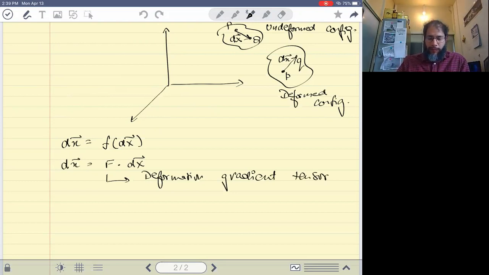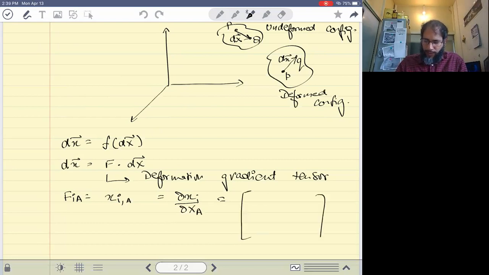So this F, or F_iA, was nothing but x_i comma A, or del small x_i by del capital X_A, which we had written in the expanded form as del small x1 by del capital X1, del small x1 by del capital X2, and so on till del small x3 by del capital X3.